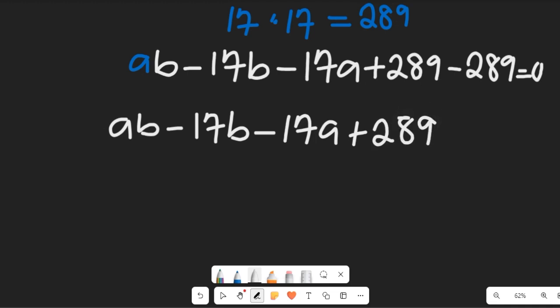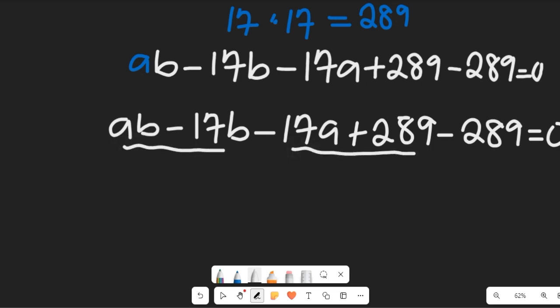If I expand this, I'm going to have this expression to give me minus 289 to be equal to 0. So let me regroup this. If I group this and group this, then I'll be left with this.